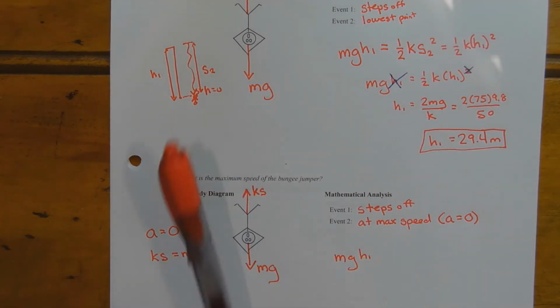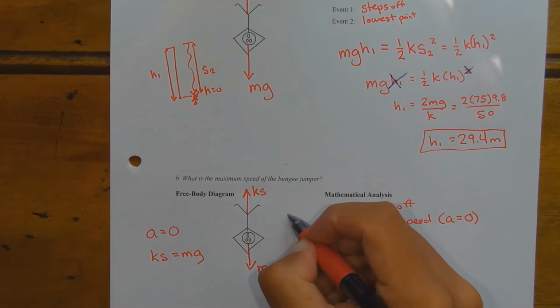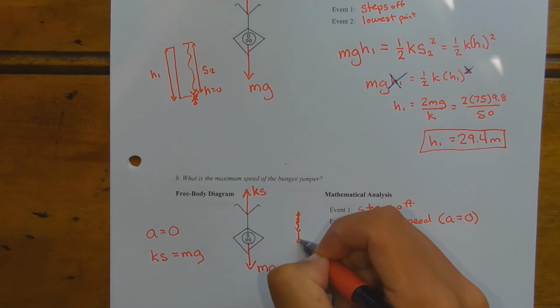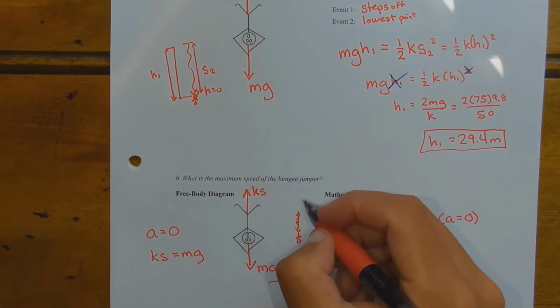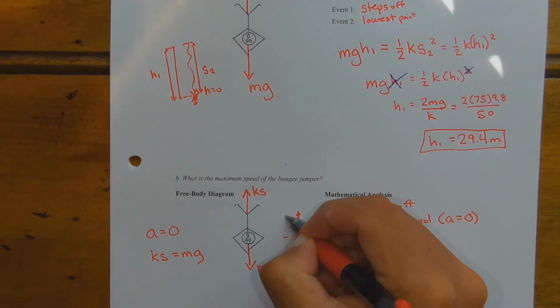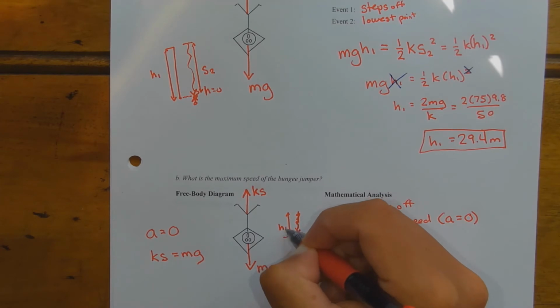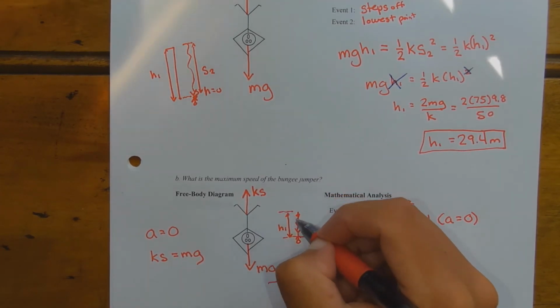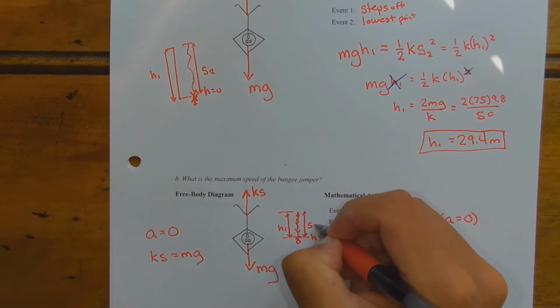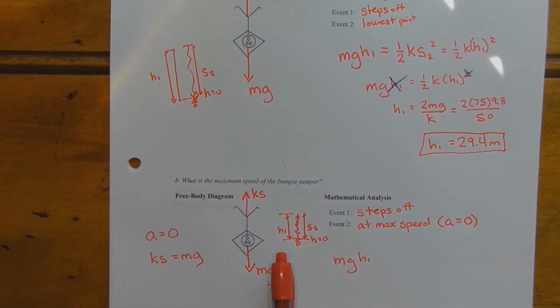But now I'm going to draw a new picture, and we haven't fallen quite so far as we did back here, but I'm going to make this new height 0, so h1 is not going to be the same as what it was up here. And this distance is s2, a smaller distance than before, but I'm still going to use the current height of the person for the height 0.